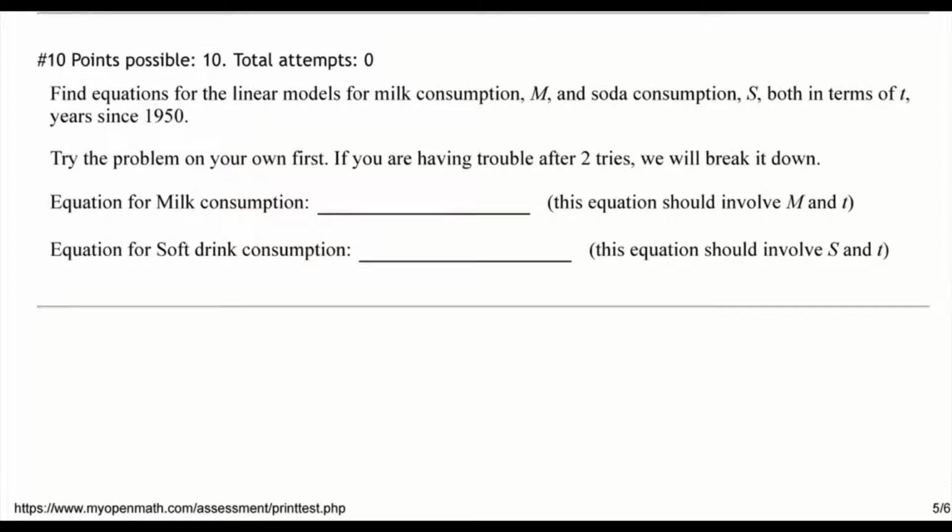So now we need to make equations for milk consumption and soft drink consumption. We need to find the slope, and we're actually given the intercept. M is for milk, S is for soft drink.